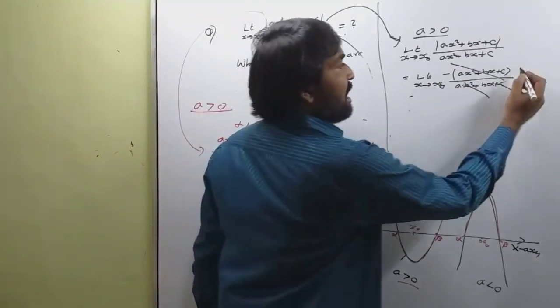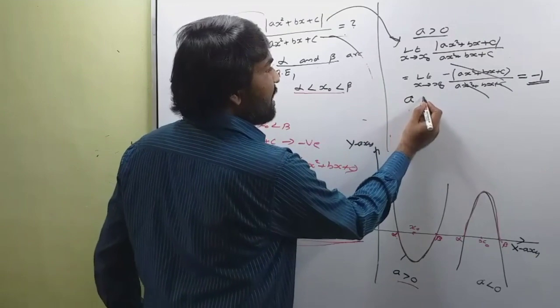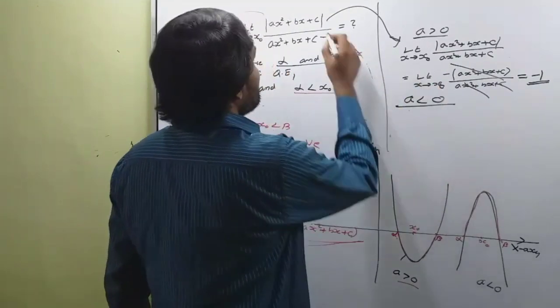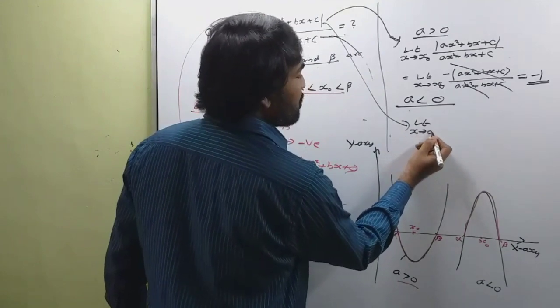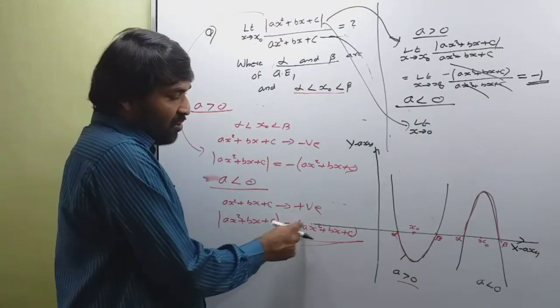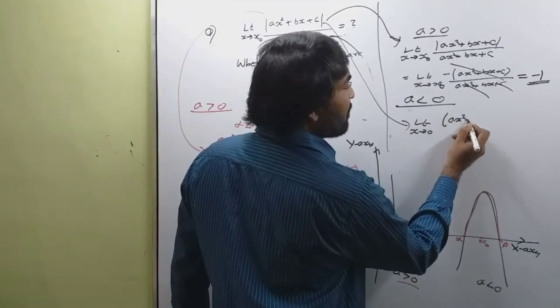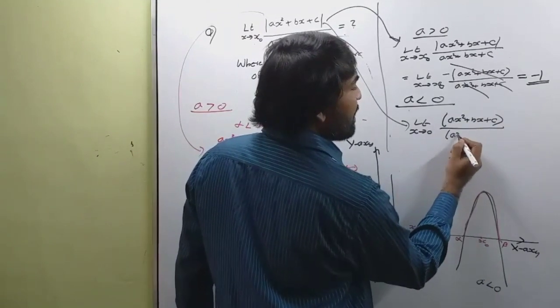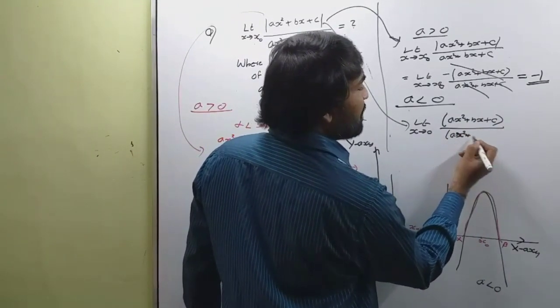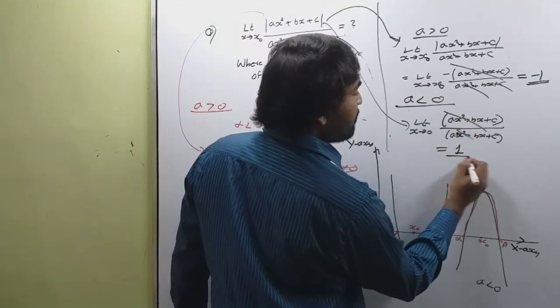This will cancel, and is equal to minus 1. For a less than 0, this limit becomes limit x tends to x naught. The modulus function becomes positive of this quadratic expression. That means ax square plus bx plus c divided by ax square plus bx plus c, which is equal to 1.